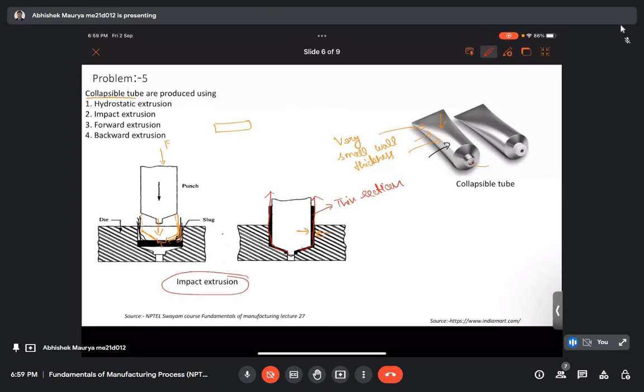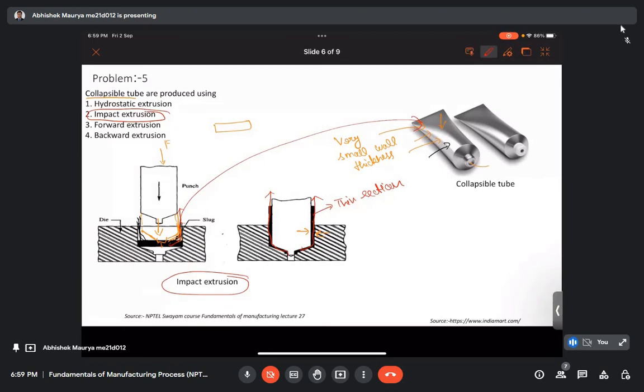Basically it is impact force, and because of this impact loading, metal quickly flows in the thin gap, and finally we will be able to manufacture this collapsible tube. So the correct answer will be the impact extrusion.